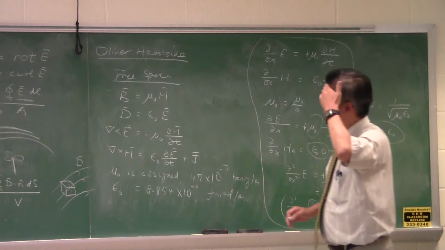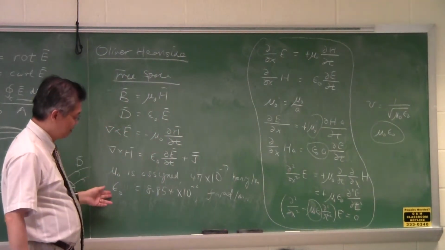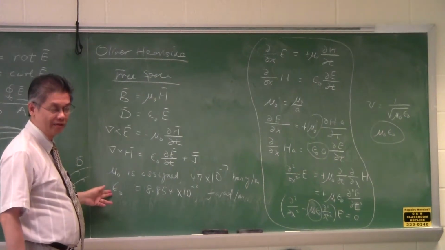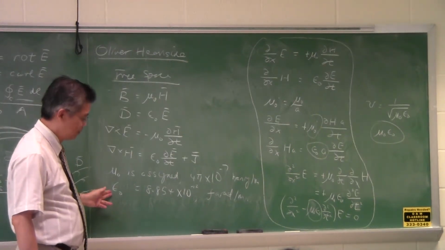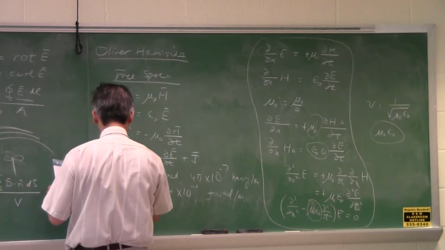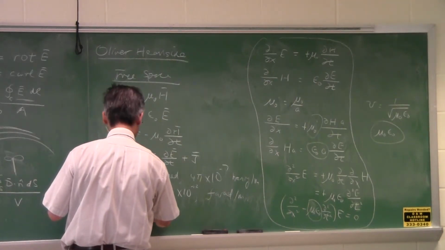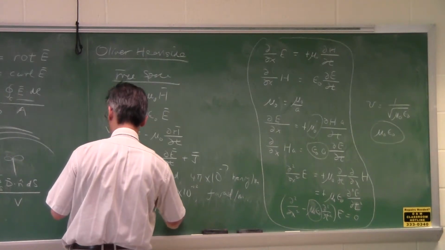So that's why we can assign mu naught to be a certain value, and then get the second value from measurement of the speed of light. So actually, epsilon naught is proposed to be tagged to the speed of light, and the speed of light is determined to be precisely this value as an integer number.